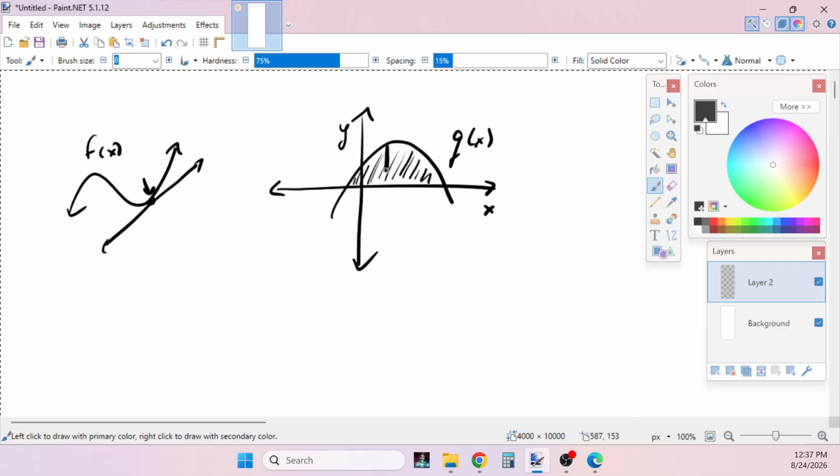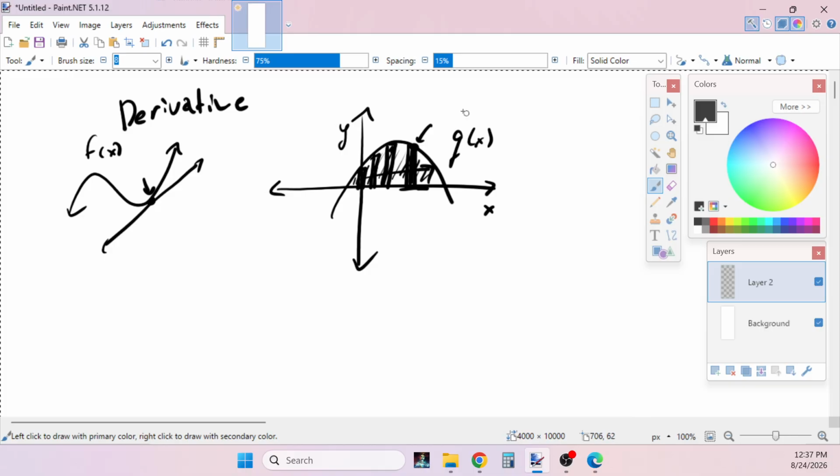We do that by making little rectangles that have the bottom side on the x-axis, the top touching the function, and then we add all of these little rectangles together. So the first topic is called the derivative, and the second topic is called the integral.